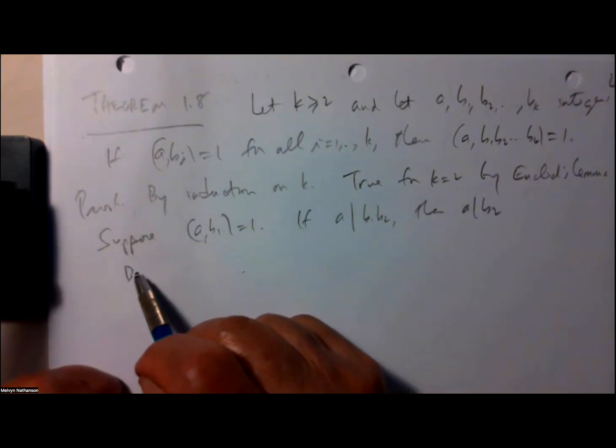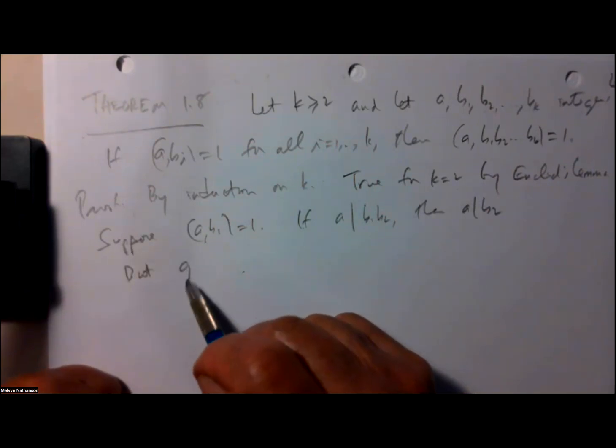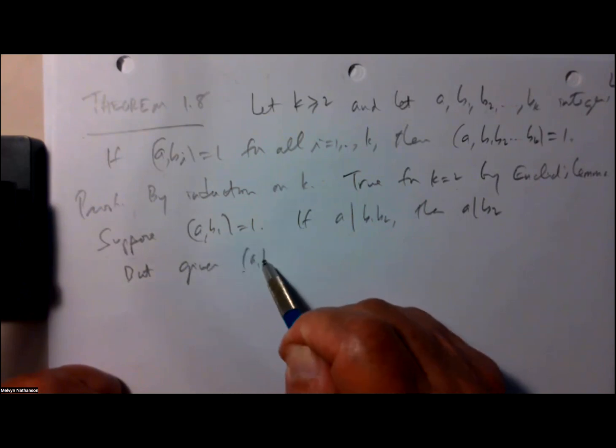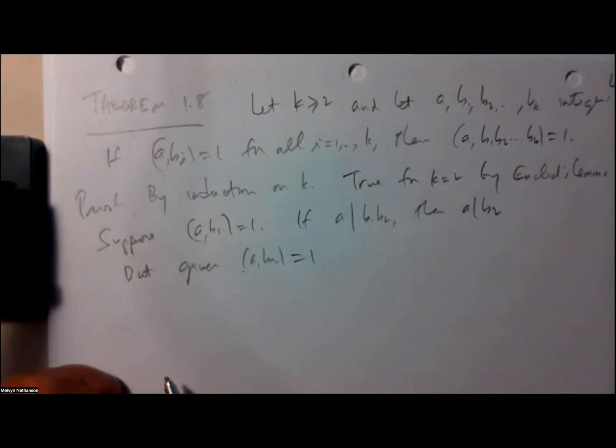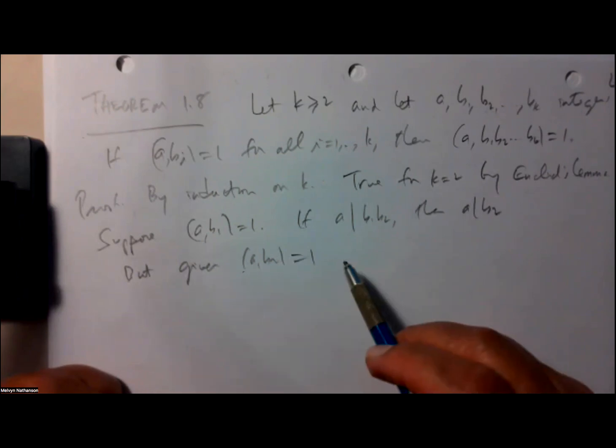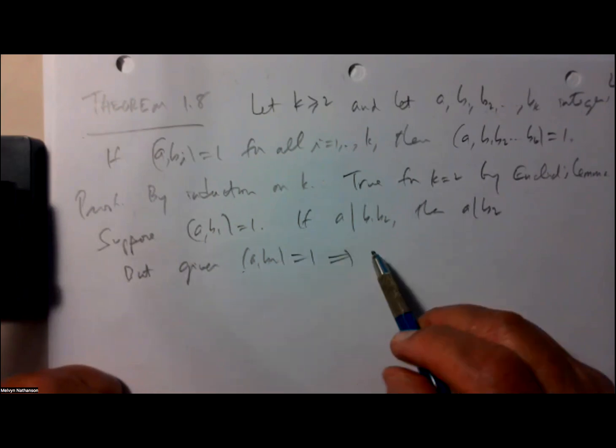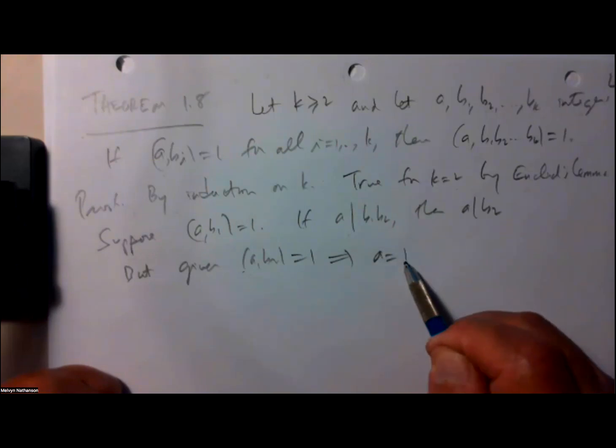But we're given that A and B2 are relatively prime. So the only possibility is that A equals 1.